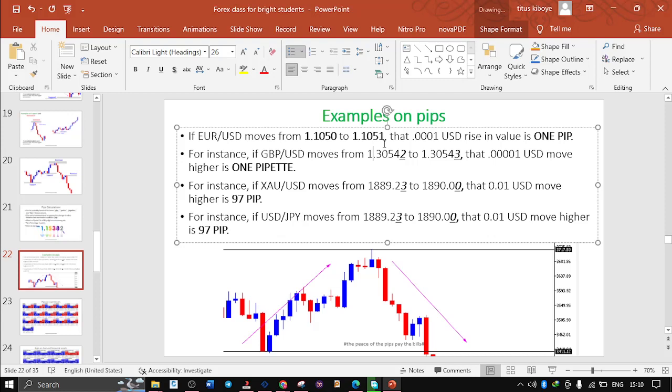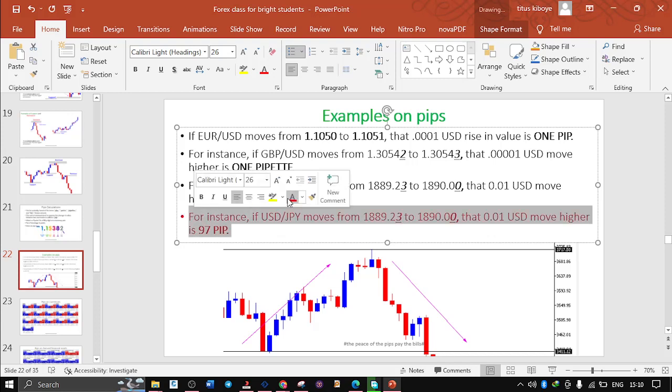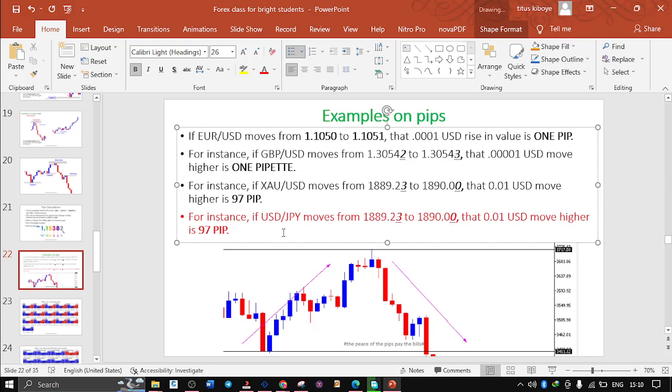Yeah. This next example, ignore it because it is not GBP USD. I'll just change it. Let me highlight it. Now, are you seeing the graph? You see it moved from support here. When we get this difference from here to here, we shall get the number of pips. Let's do the math together.